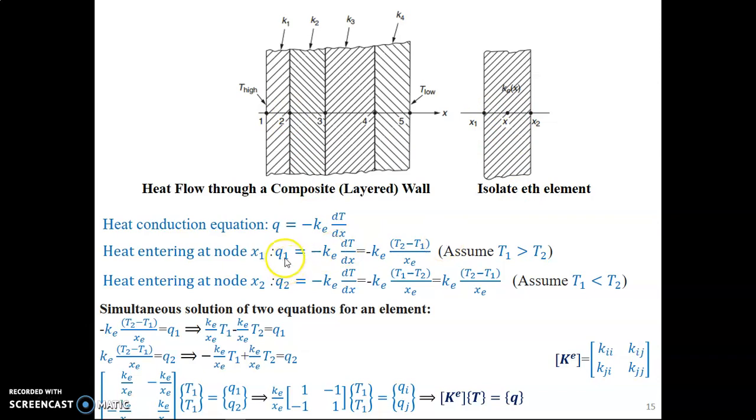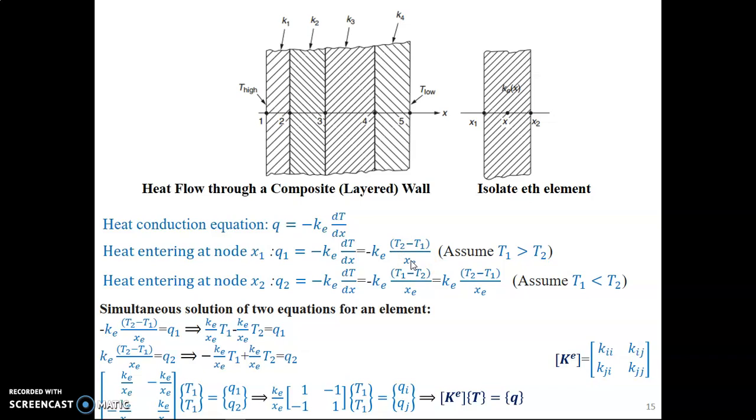Okay, on the basis of this we will get Q1 is equal to minus of Ke. We are using the minus sign because temperature drop will occur along the direction of the heat flow. So we will be getting T2 minus T1. That is how the gradient will be defined as final temperature minus initial temperature divided by the thickness of the wall.